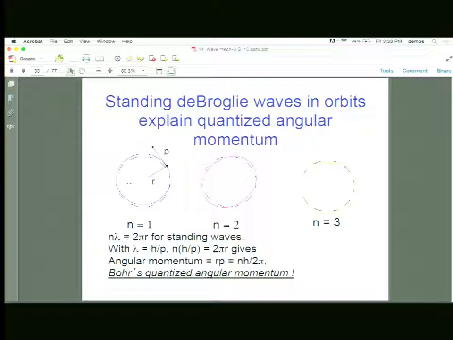Namely, you'll get a solution that doesn't wiggle much, but dies out as you go to infinity. Then you get a solution that wiggles a little more, one more crossing, you might say, where the function crosses. This one has 0 crossings, this has 1. And then you have yet another solution which might have 2 crossings, maybe something like this, and then goes to infinity later, like that.